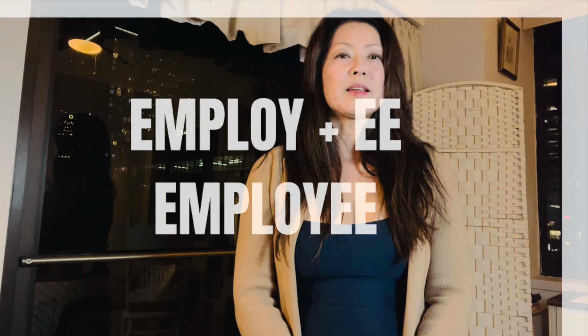So for example, let's take the verb employ. Okay, what if I add the suffix ee and I say employee? Employee. See, and you heard that I put the stress on the last syllable on the suffix.